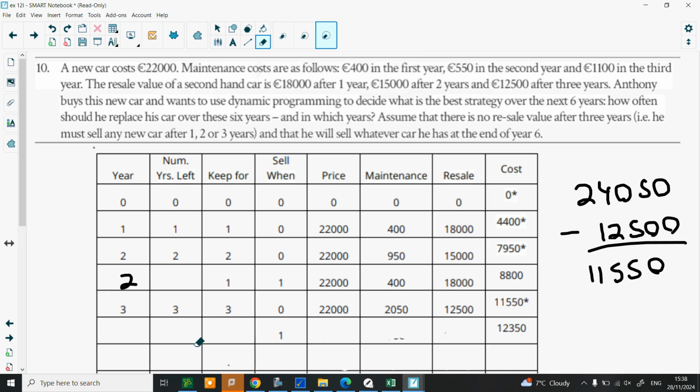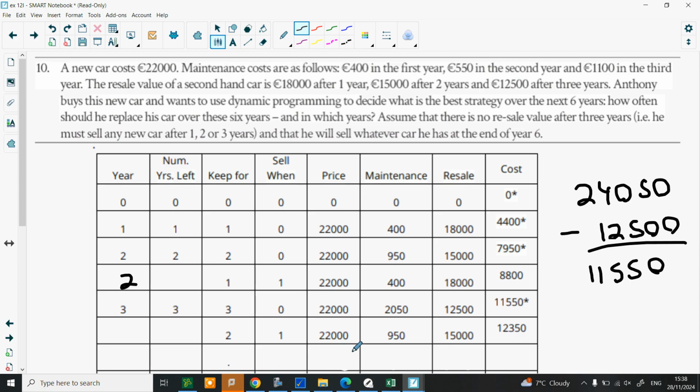Gotcha. Now, this one here. 2-1. You're keeping it for 2, so that's handy. 22,000 you bought it for. You maintain it for 2 years, which is 950. You sell it when it's 2 years old, which is, what's 2 years old? 15 grand. Okay.